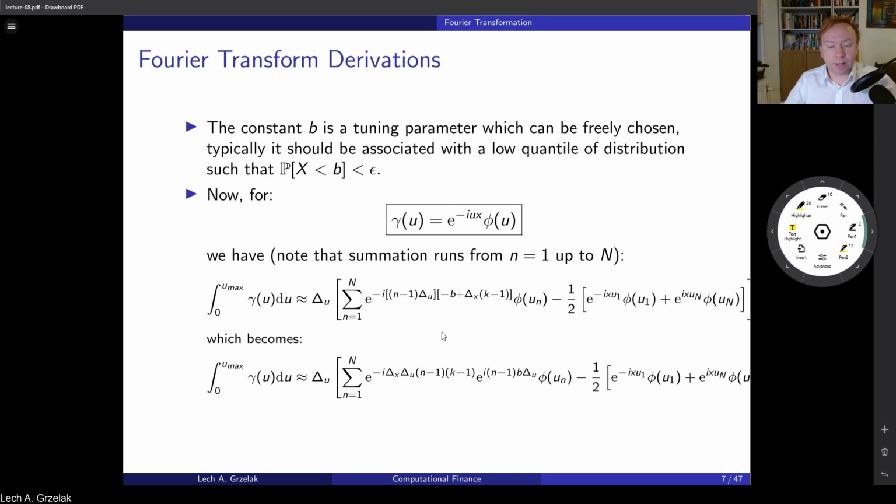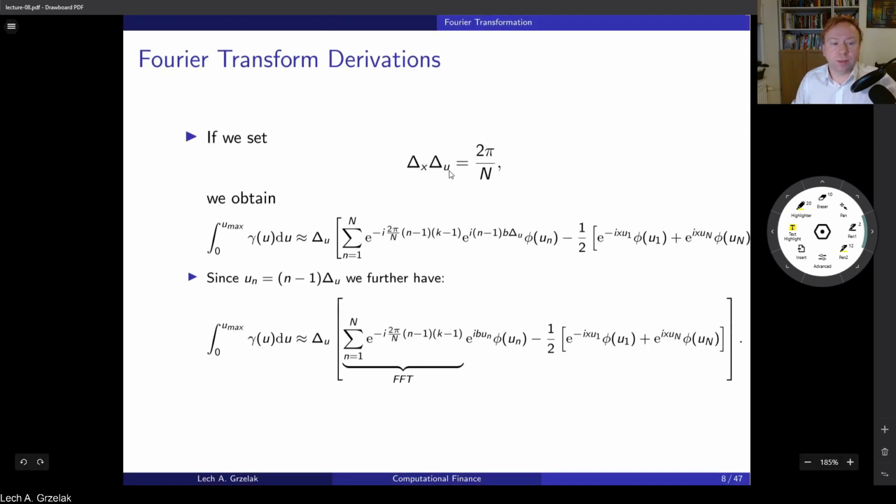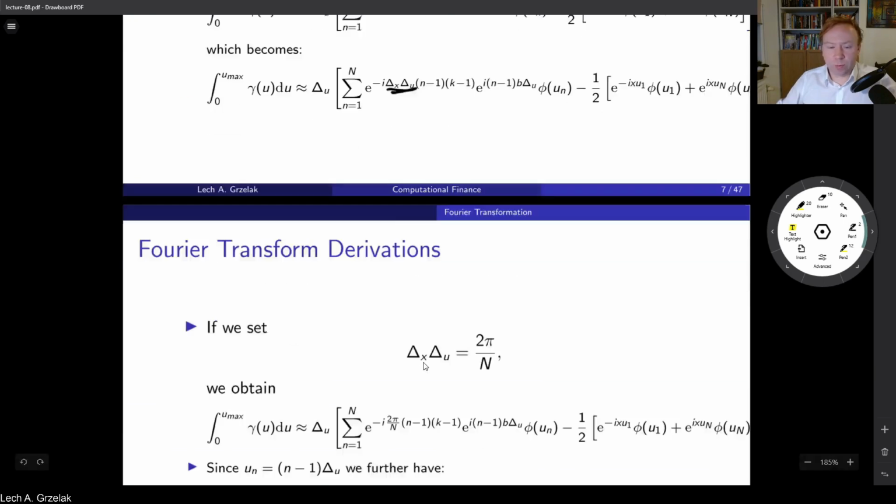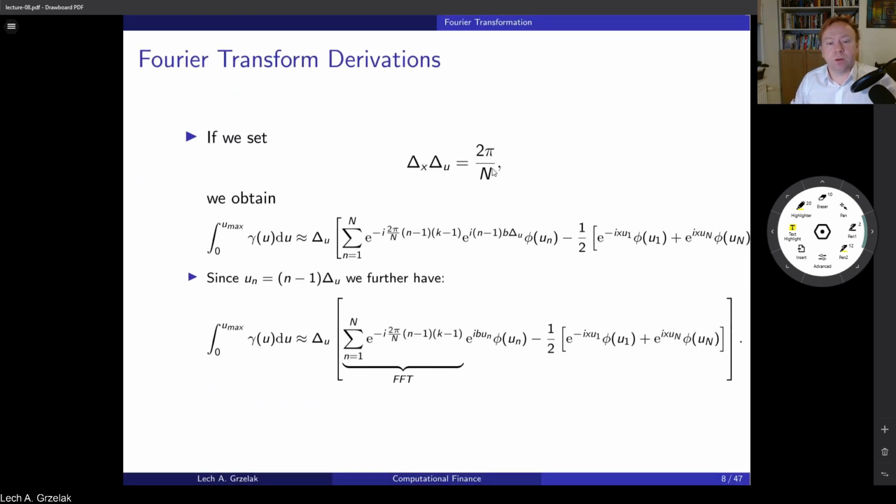Okay, so the next step would be to define a grid. So we have this relation. You can see we had the relation delta x delta u. For that reason, we will define some grid, which will be basically 2 pi over n. Like I said before, fast Fourier transformation requires this kind of function, which will be multiplied with these terms.